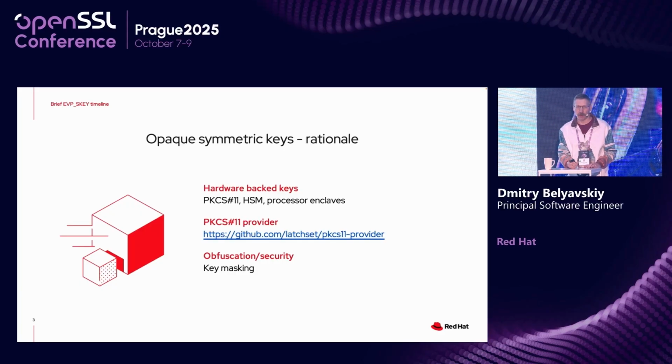And when we started implementing the PKCS11 provider, I believe you attended Jakub's presentation today, we found that OpenSSL can't work with unextractable hardware-backed keys. One more motivation is pure software-based.